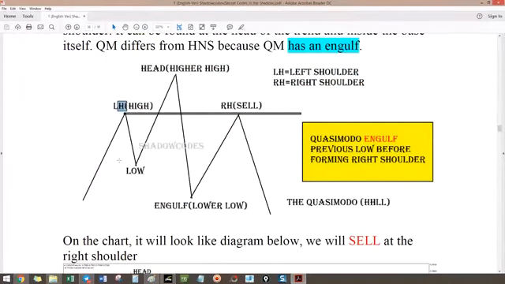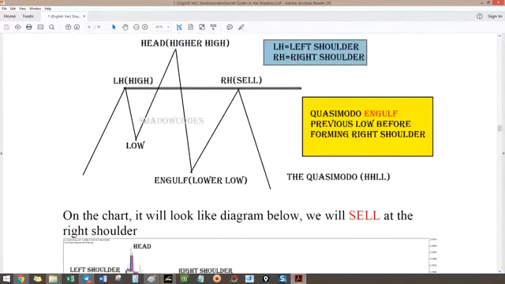Alright, so this is also a left shoulder, not LH. Left shoulder, low, head or high high, and you have a lower low. Look, it engulfs its previous demand. Its previous demand has already been engulfed. Go to the right shoulder and then drops. Okay, this is wrong. This will be S. This should also be S. Okay, Quasimodo engulfs previous low before forming right shoulder.